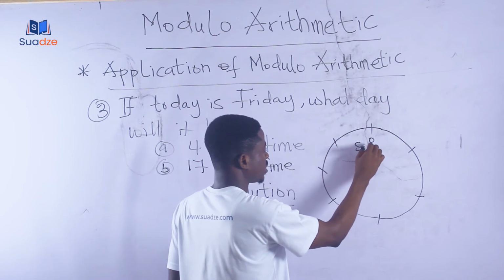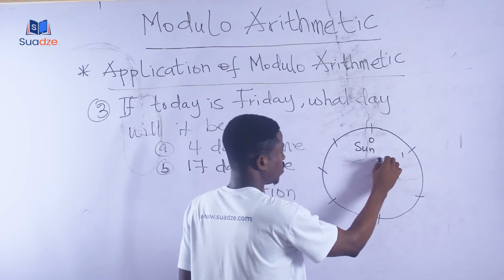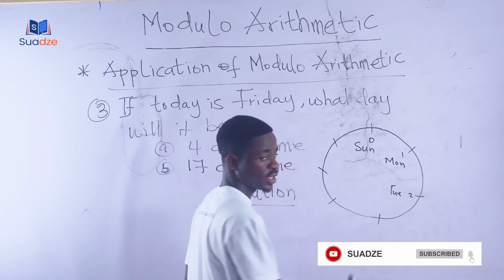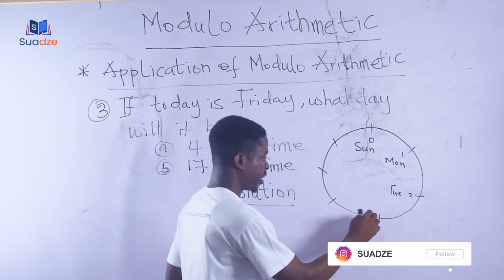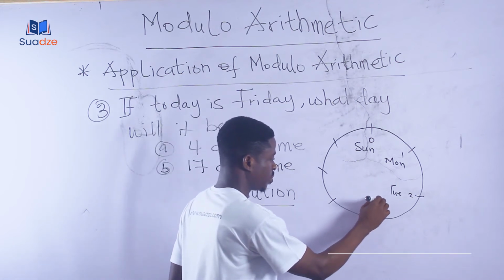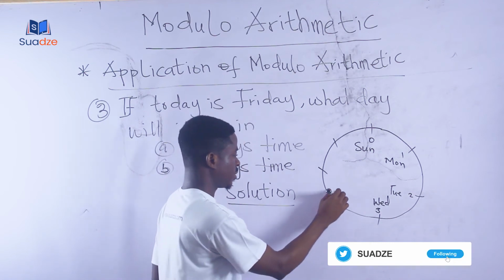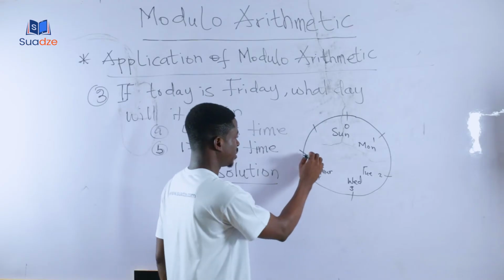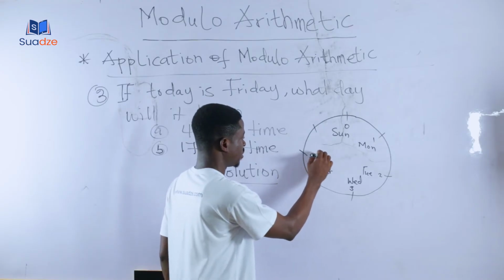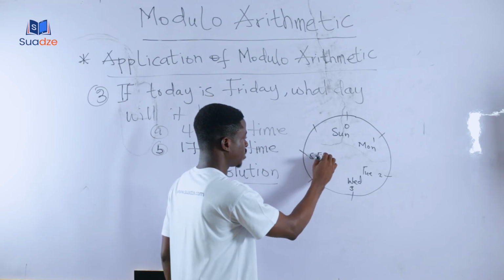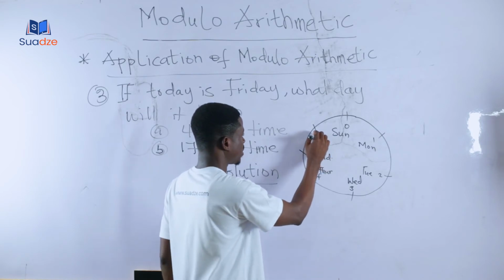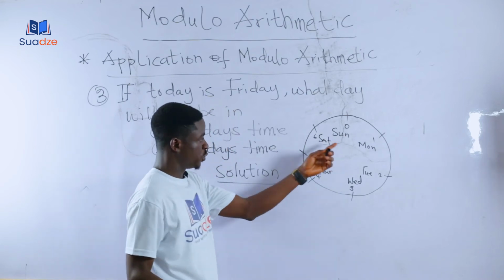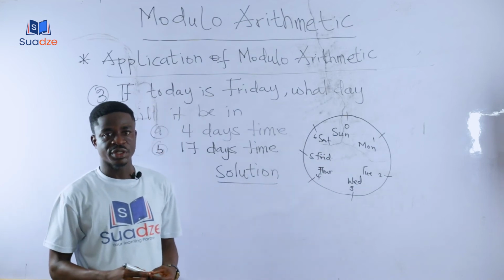The 0 is going to represent Sunday. 1 is going to represent Monday. 2 is going to represent Tuesday. 3 is going to represent Wednesday. 4 is going to represent Thursday. 5 is going to represent Friday. And the last one, 6, is going to represent Saturday. Okay, so we are going to use this circle in answering the question.